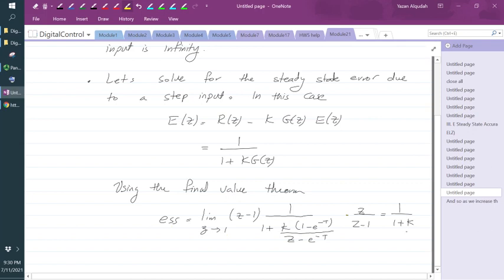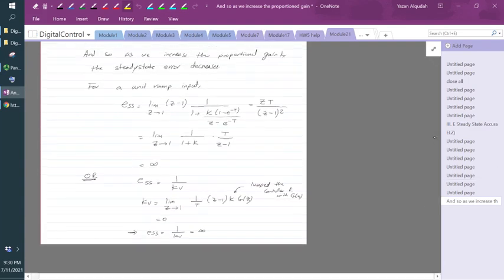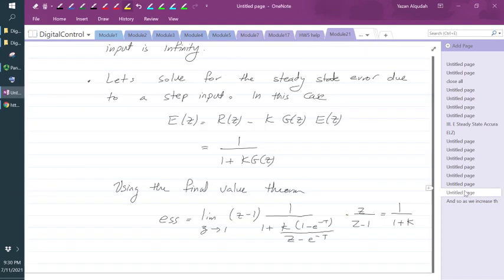Why did I have to do this? I did not have to do this. We could have calculated this directly using the Kp.